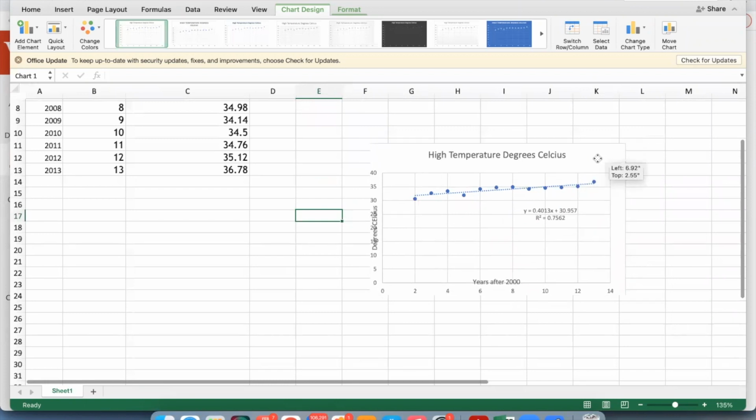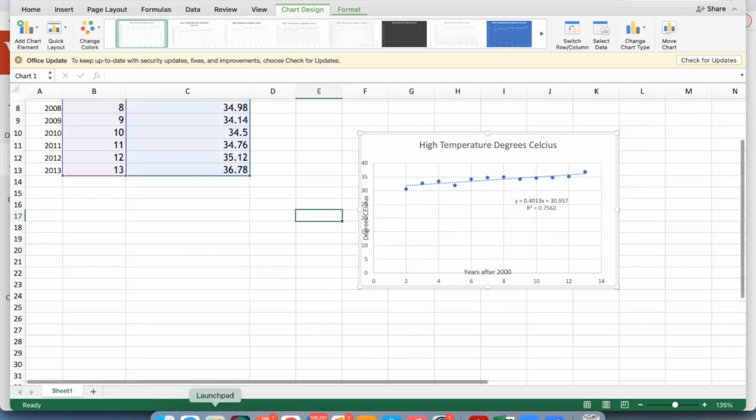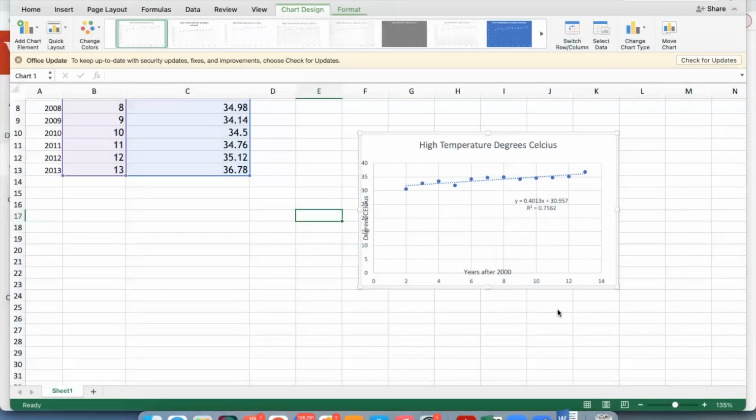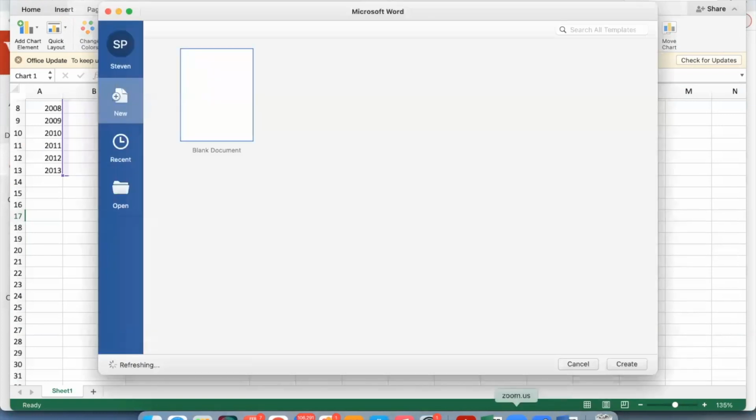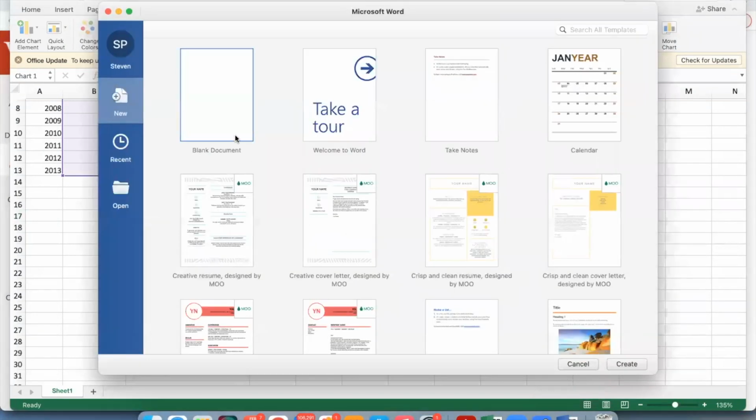If I were doing this entire problem, if I were, say, writing this up for a group assignment, I could now just copy and paste this into a Word document. So I could say open Word. And then I'm just going to grab that, hit Control C, over into a blank document.